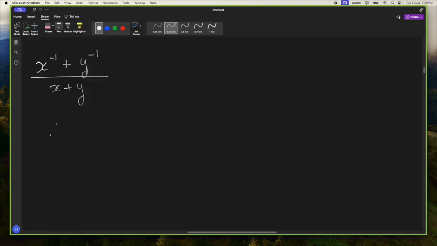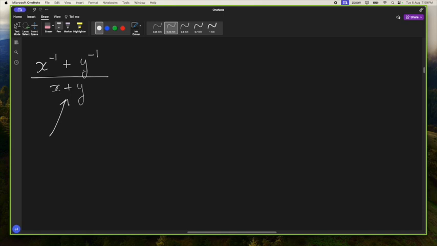You notice that this has a big addition sign here, so we can't go canceling y's and x's, because that only works when it's multiplication right through. The canceling is not going to work here. This denominator is a problem. We can't really do anything with that.